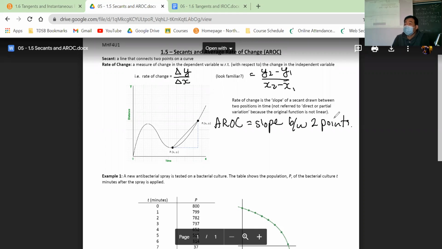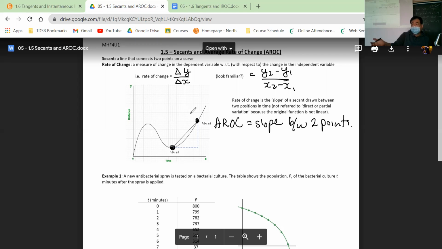Yes, Yusuf? Good point. But again, what is the goal? I just want to see, on average, if I took a trip from Toronto, let's say, to the outlet malls at Niagara Falls, what is the average speed during that trip? Sometimes you want to figure that out.